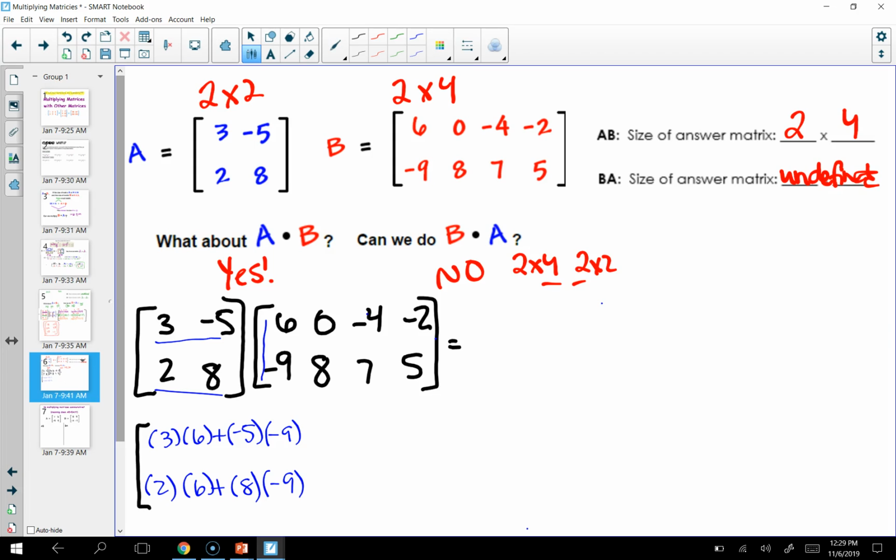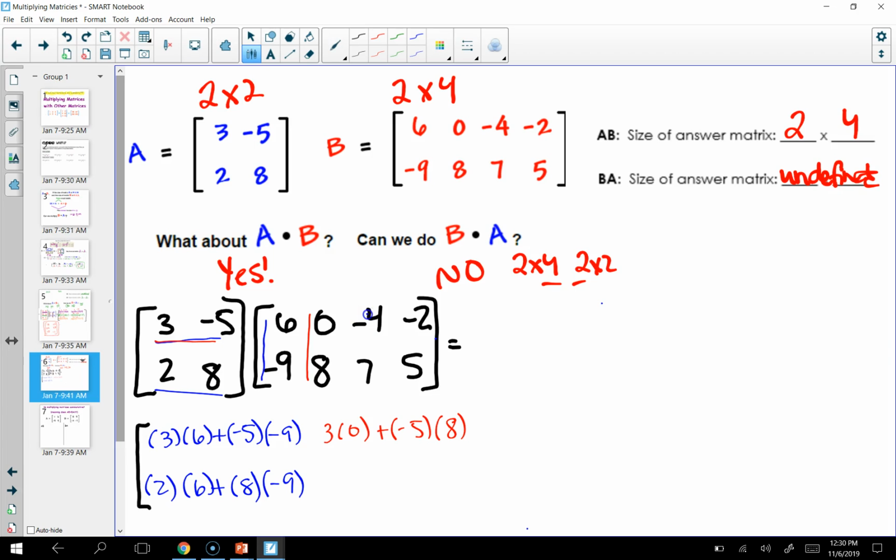All right, now I'm going to move over. So we're back on my first row, but now we're going to use our second column. So I'm going to use 3 and -5 with 0 and 8. So now it's going to be 3 times what? 3 times 0 plus -5 times 8. Okay. So again, I noticed a pattern. So that's going to help me.